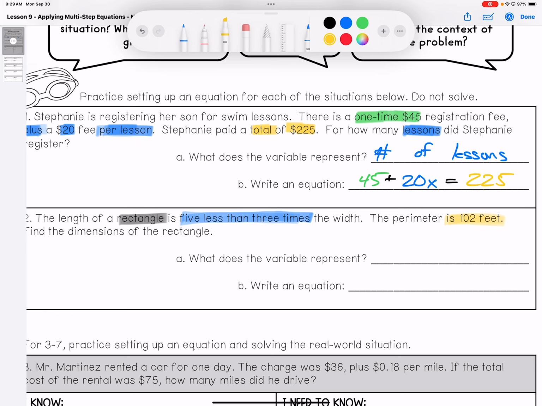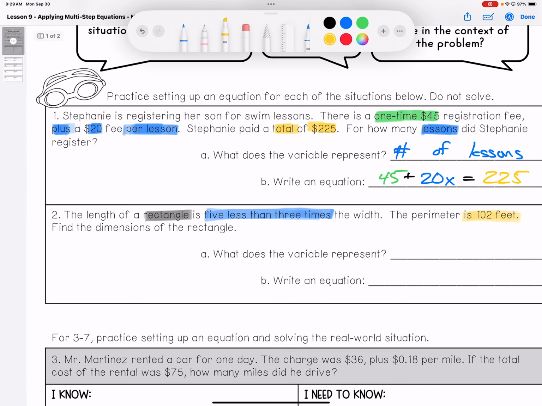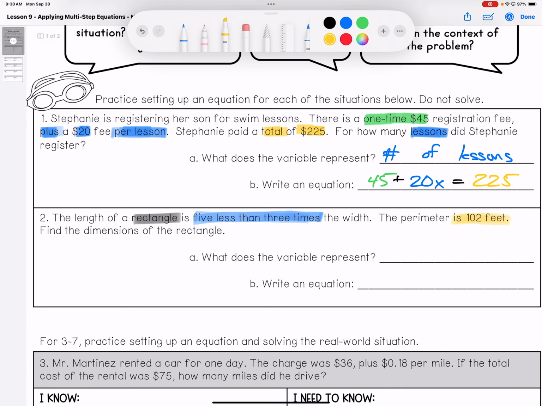So we have to think about a rectangle. What are they asking for? They're asking for the whole dimensions of the rectangle. Well, we know the length. So what is going to be the width of the rectangle? Well, first of all, what are they asking for?